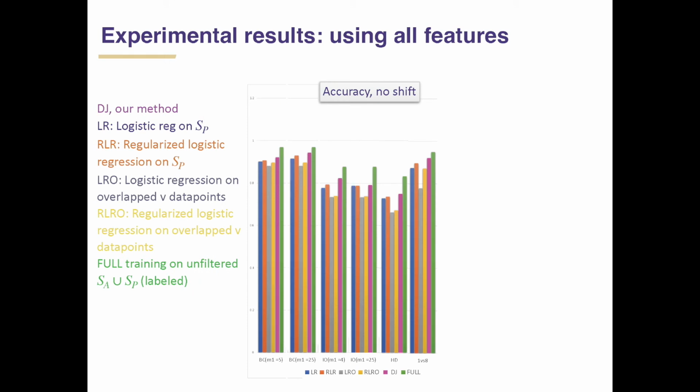The high level story here is that if you give an algorithm all of the information, that's going to be best. That's unsurprising, right? If you have X and A and Y on all of your training data and there's no shift, training on all of that data is best.